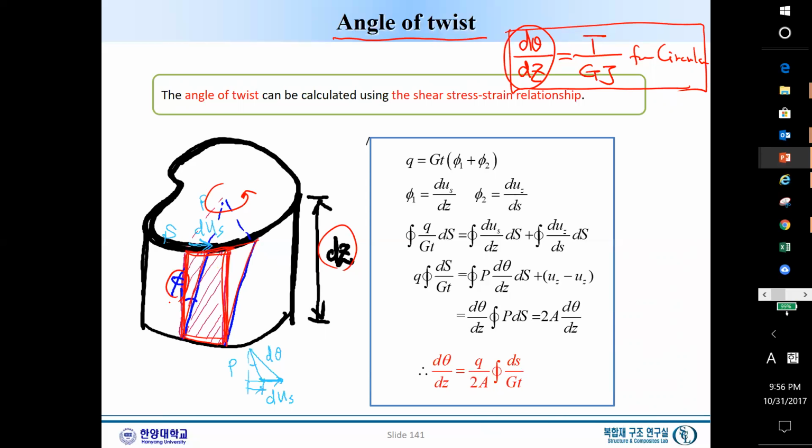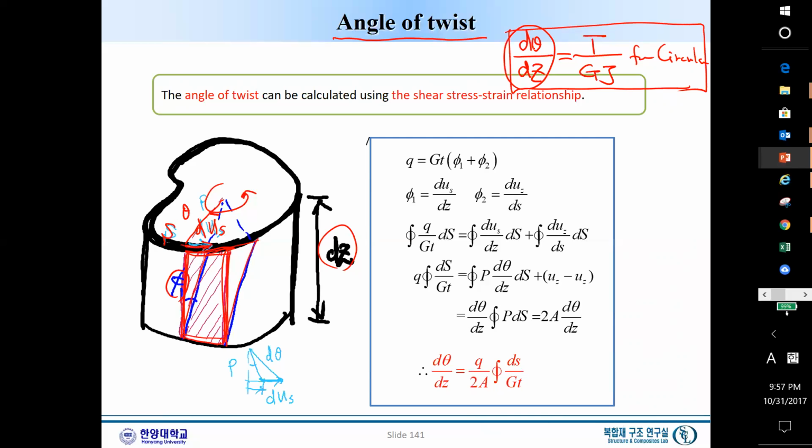On the top, this line moves to here, which I will call US, because this direction is the S direction, and this is delta US. Here, this angle I will call theta.